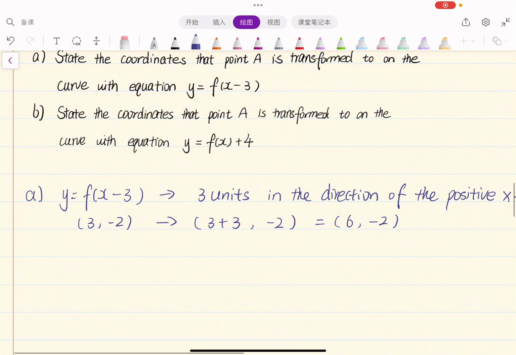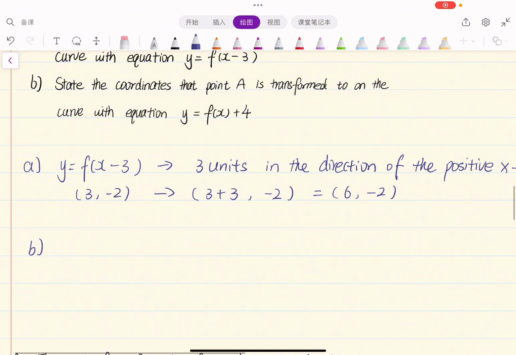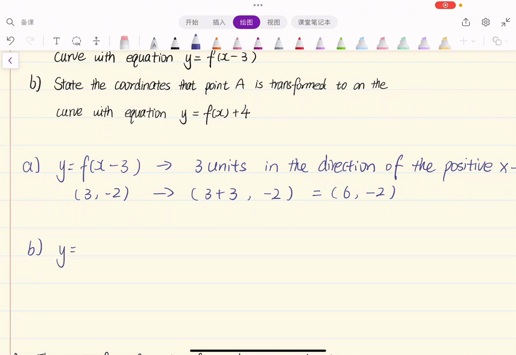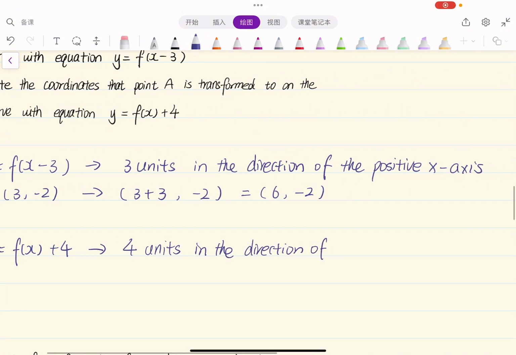Now for part B, point A is transformed to the curve with the equation y equals f(x) plus 4. Plus 4 is outside the function. So what does it mean for y equals f(x)? It means move 4 units in the direction of the positive y-axis.